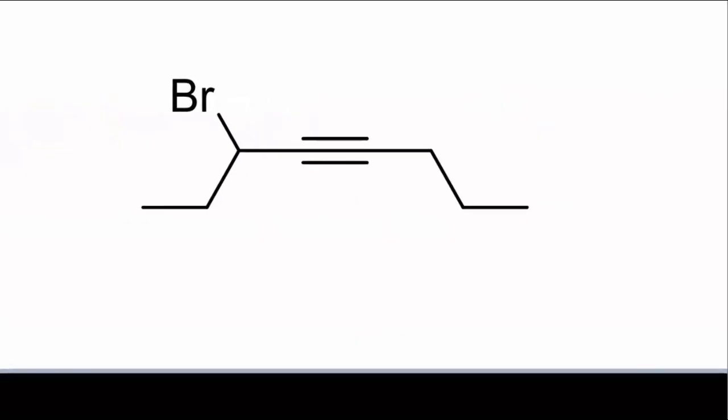Let's look at the next example. In this example, we have the longest carbon chain as specifically 1, 2, 3, 4, 5, 6, 7, 8. Let me number the carbons. Here we have 1, 2, 3, 4, 5, 6, 7, 8.